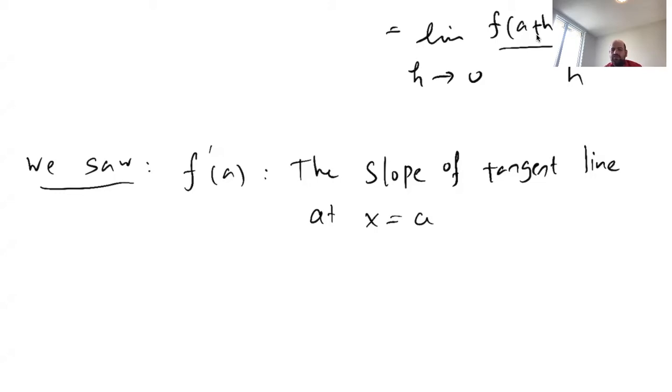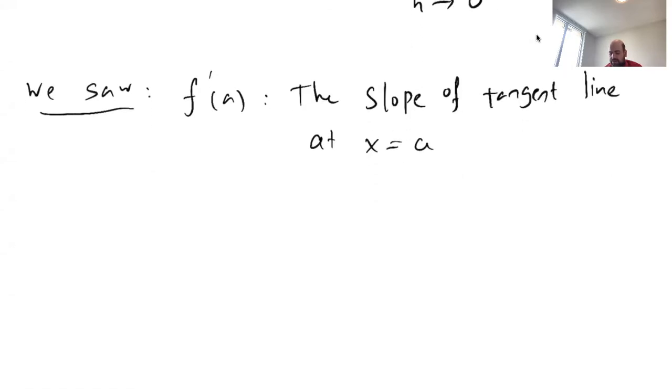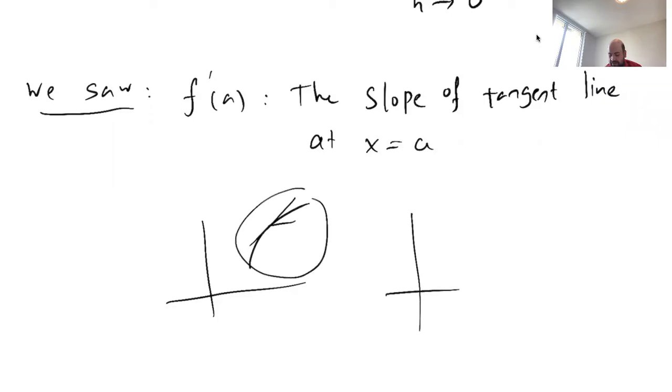So we use this fact that if the slope of the tangent line to the graph is positive, let's say, for example, if the original graph looks like this, that means the slope of the tangent line is positive. And if the slope of the tangent line is positive, it means the derivative is positive, and therefore the graph of the derivative has to be above the x-axis.